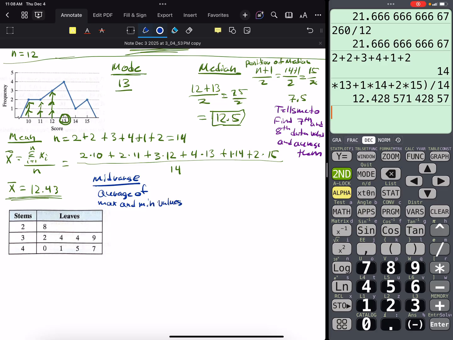And so, again, the way I like to write that is x min plus x max divided by 2. Well, in this case, that's going to be 10 plus 15 divided by 2. So it'll be 25 over 2, or 12.5.